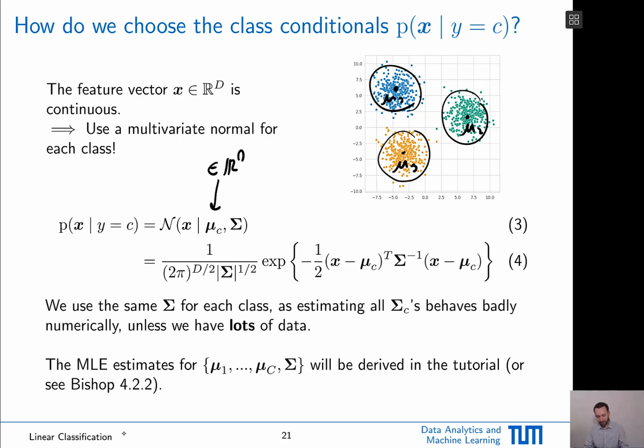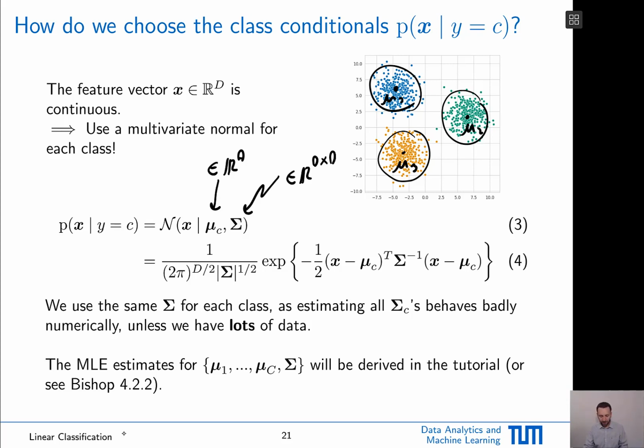Like the input data, which comes from a d-dimensional space, of course also the mean of a Gaussian is from this d-dimensional space. If you have a one-dimensional Gaussian, the outcome will also be one-dimensional. If you have a two-dimensional Gaussian, the outcome will also be two-dimensional, of course. But this here is a covariance matrix. It's a d times d matrix.